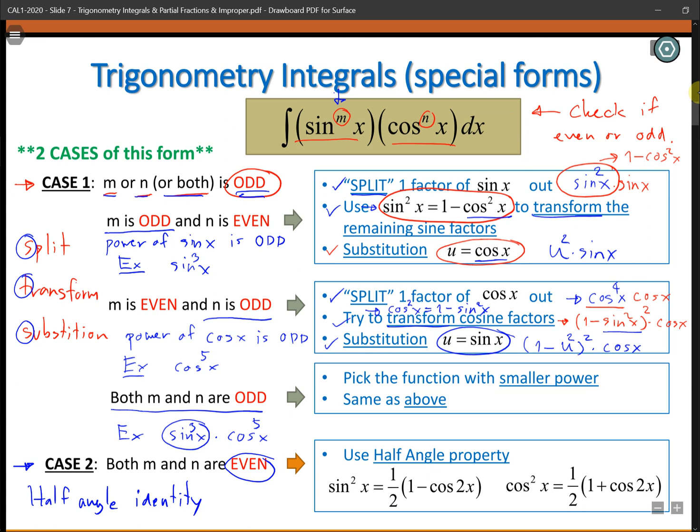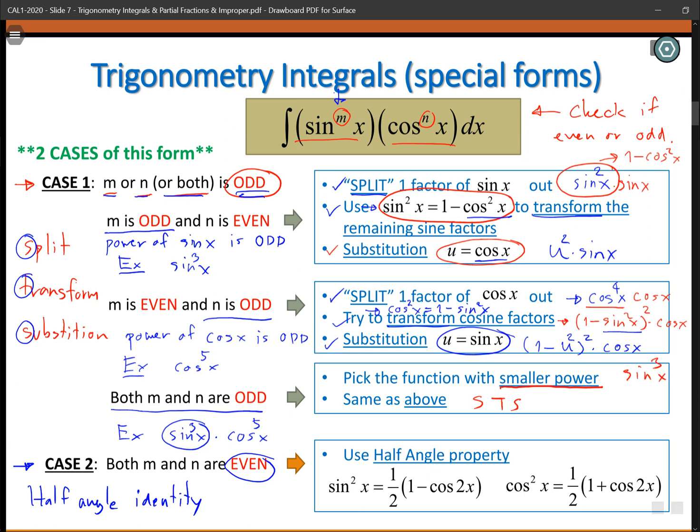So in this case, it would be sine x to the power of 3. And then after that, you perform the same strategy, that is the STS technique. So it's the same thing, except that you have to pick one of them in the first place. And that is it for the case 1, when one of the power or both is odd.